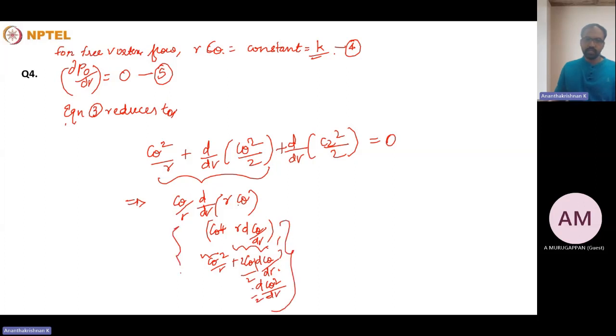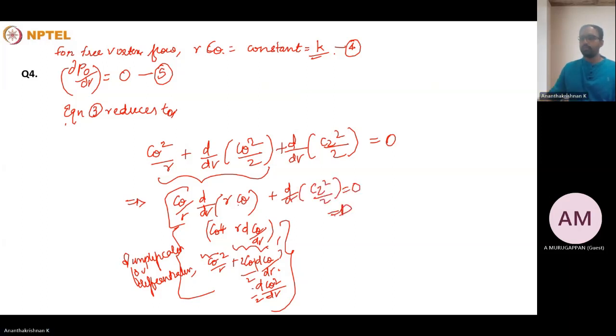So that is a simplification for the differentiation. So this particular term plus d by dr of cz squared divided by 2 is equal to 0.